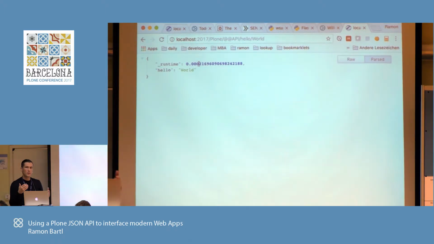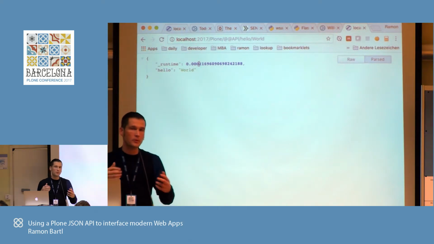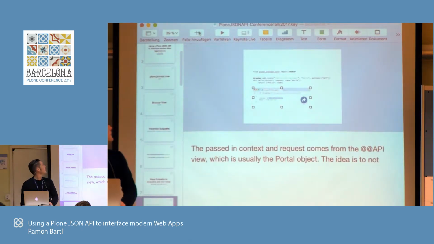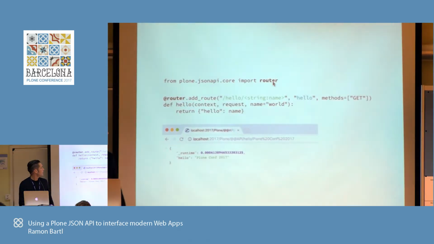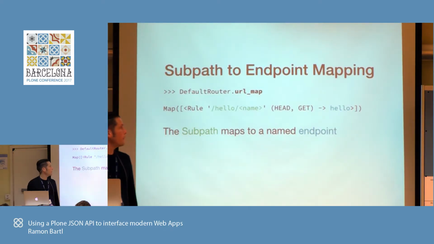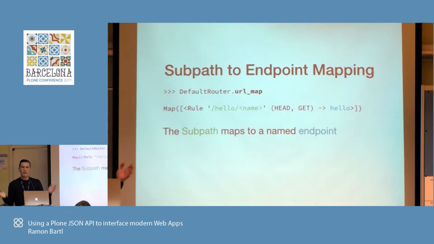It will just hit the view, map to the endpoint and return the result immediately. I thought that's cool. That will give me all the freedom to add my own functions and expose some data to JSON.